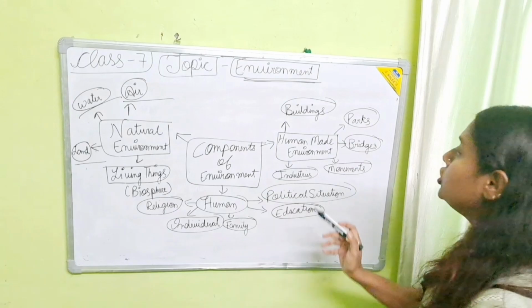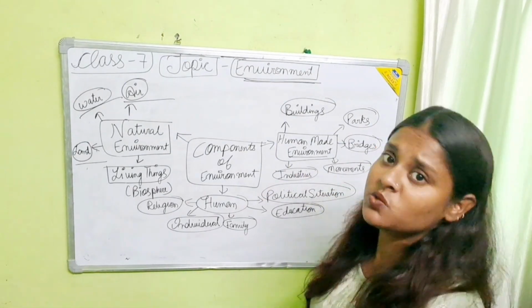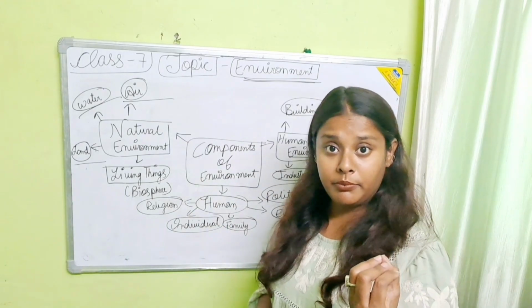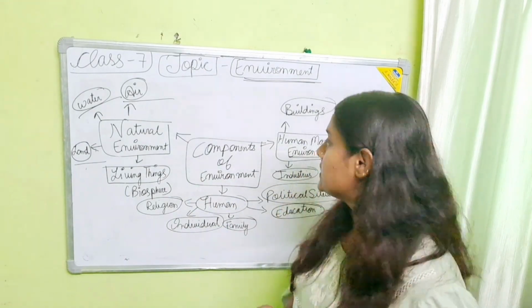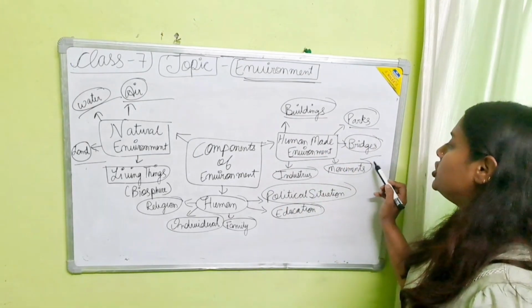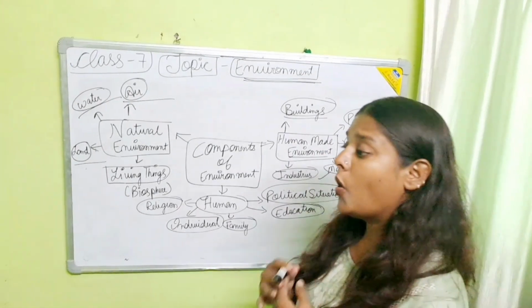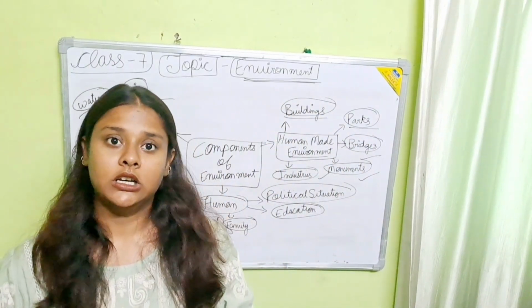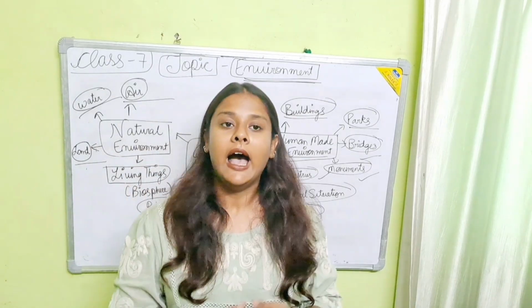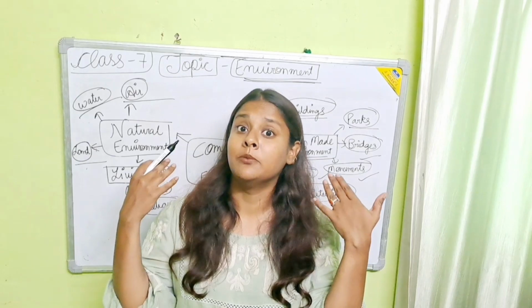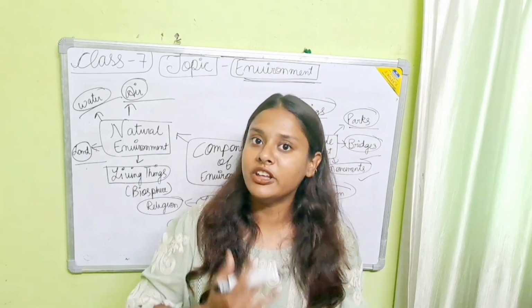Human-made environment is an environment which humans make for their own uses. Buildings, parks, bridges, monuments, industries, all these things are made by humans to make their life easier. By industry, we are getting more employment and more advanced things, so we are modifying the environment.